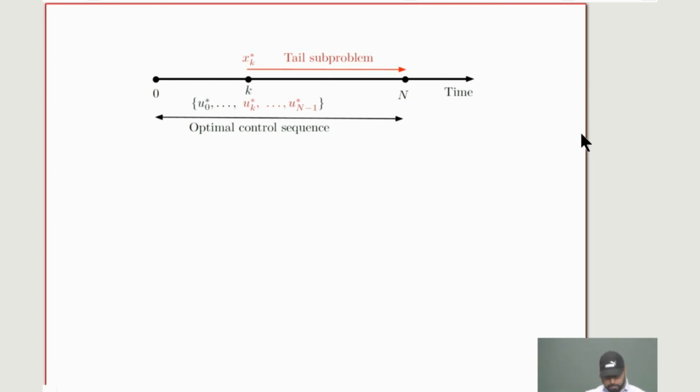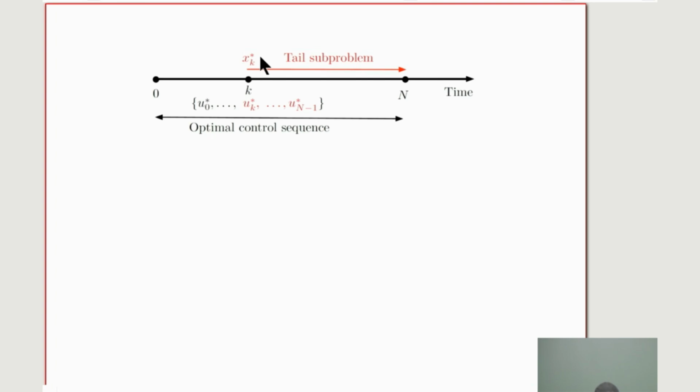I consider that as the tail. If, for example, I know how to solve my tail subproblem in an optimal way, then I call it x star k, and that's my tail subproblem.